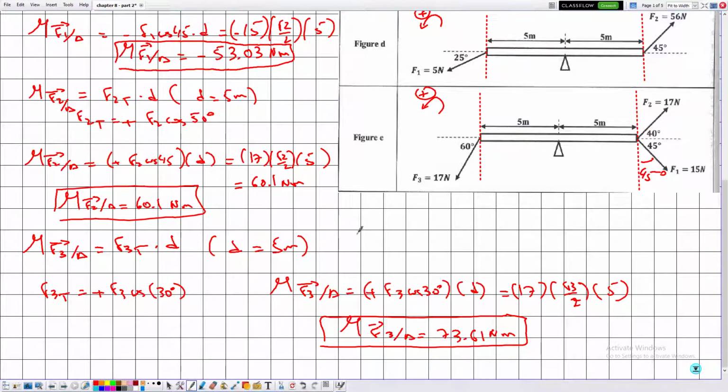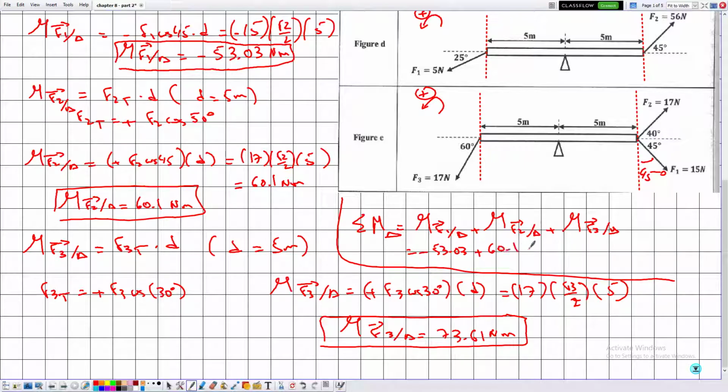And simply now the resultant of the moments around delta is equal to the moment of F1 around delta plus the moment of F2 around delta plus the moment of F3 around delta, which is equal to minus 53.03 plus 60.1 plus 73.61.